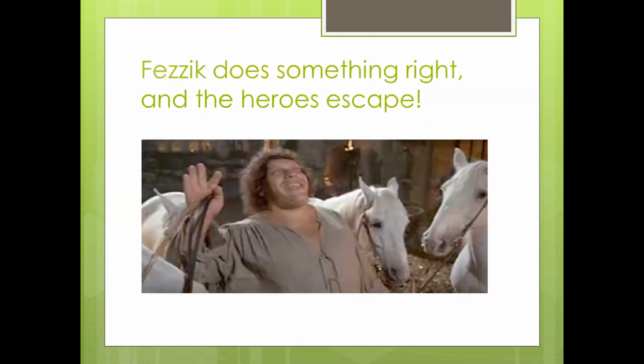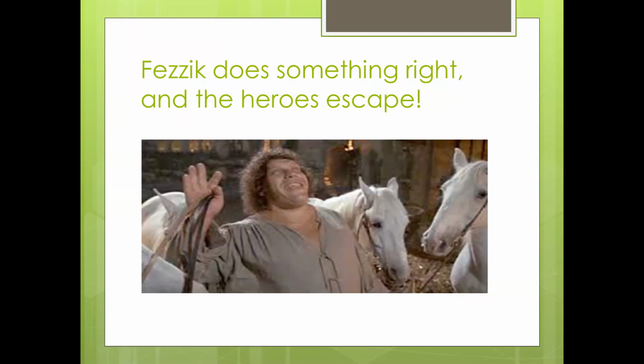Speaking of the escape, Fezzik does something right for the first time in his memory, in that when he tries to find Wesley, whom he leaves alone so that he can break down a door for Inigo in order to pursue Count Rugen, he returns to where Wesley was only to find him gone. We now know, of course, in the scattered time frame that Wesley has slipped into the bedchamber and reunited with Buttercup.